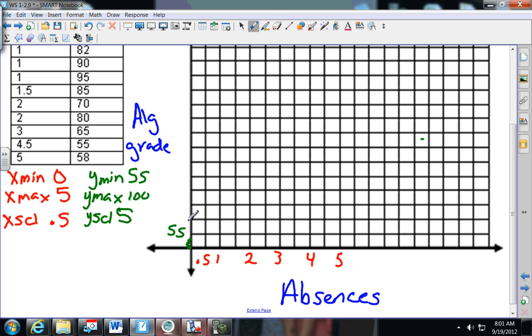Okay, so we're going to go to 55, 60, 65, 70, 75, 80, 85, 90, 95, 100. Okay. Go ahead and start to plot those points. Remember, we're not connecting the dots, we're just plotting the points. So not in the calculator, on your paper right now.